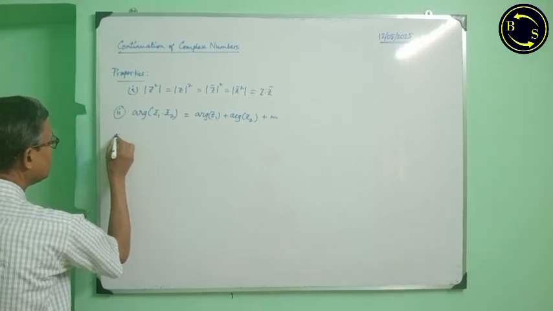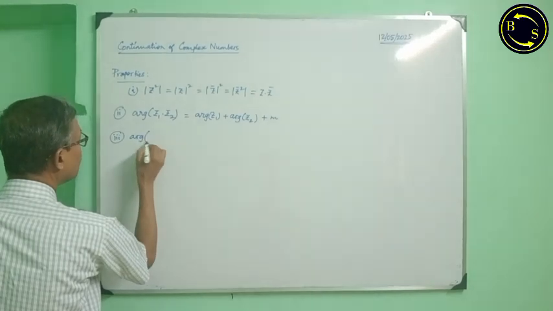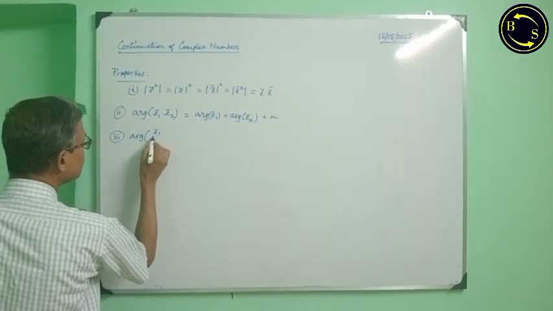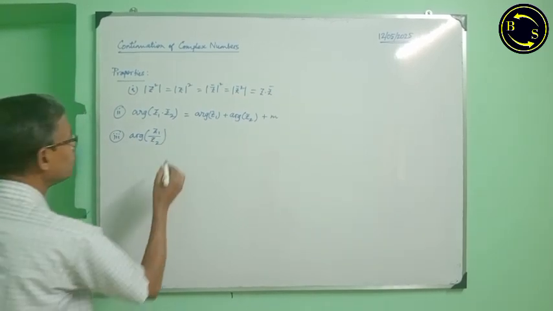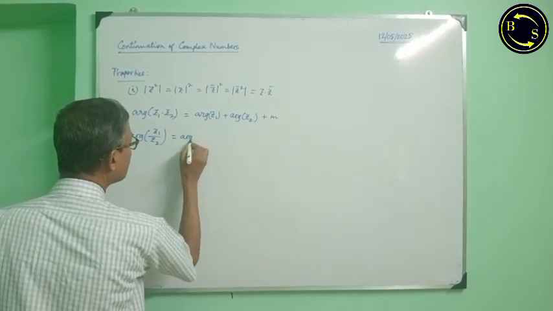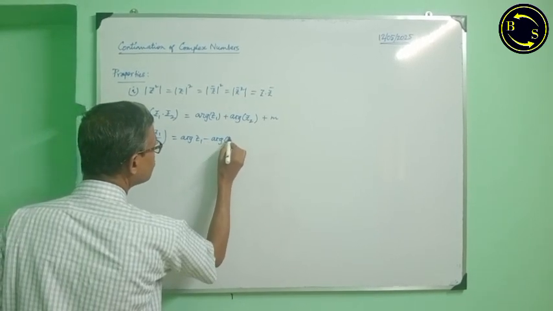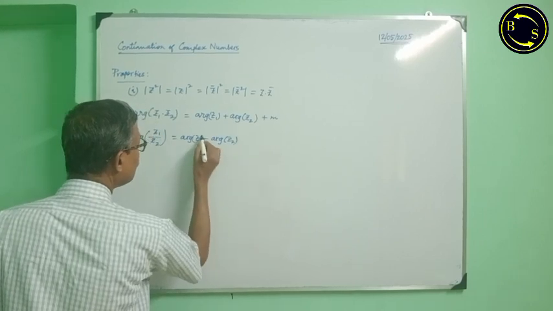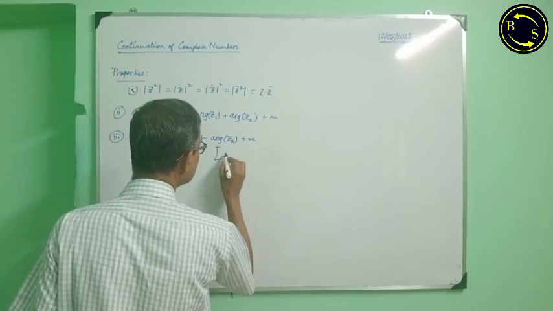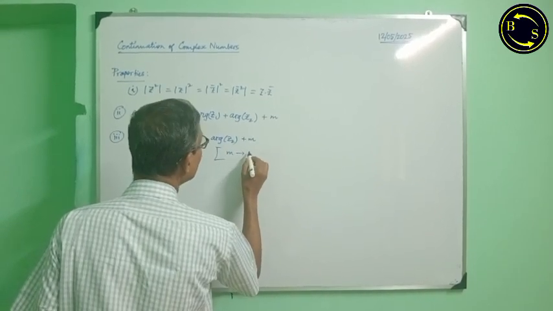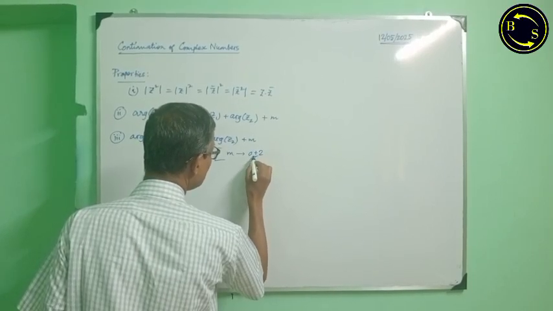Then number 3: argument of the quotient is equal to argument of z1 minus argument of z2 plus m. In both cases, m will be equal to 0 or plus minus 2 pi.